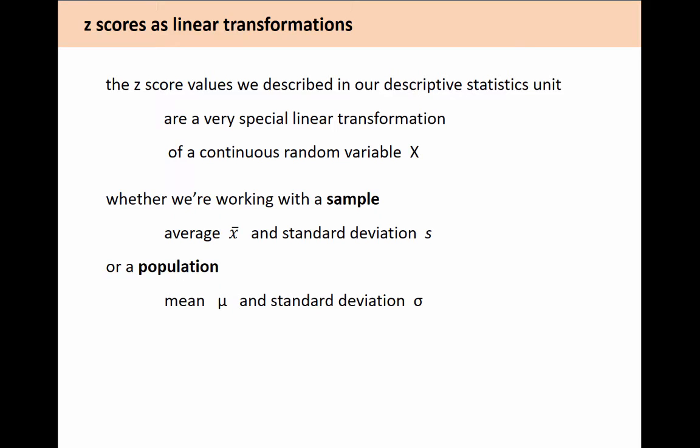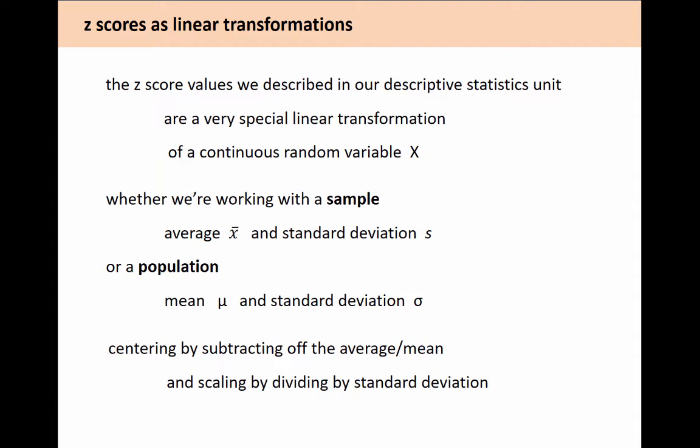What I'm saying here in this derivation holds whether we're working with a sample where we have the average x bar and the standard deviation s, or we're working with a population where the corresponding notation is mu for the mean and sigma for the standard deviation. We're going to have exactly the same sorts of relationships.